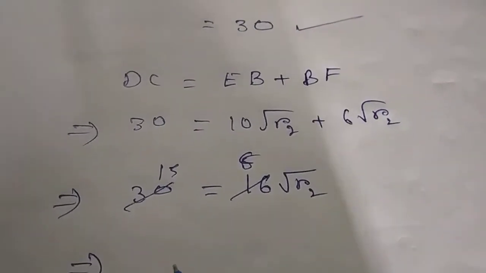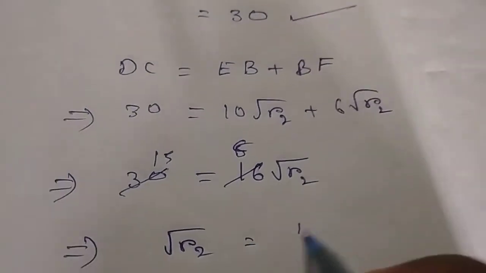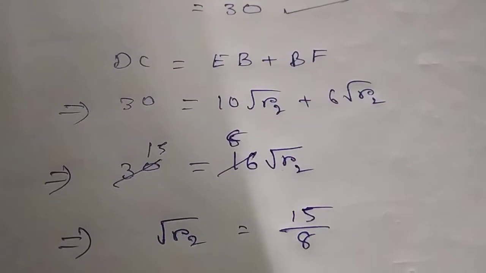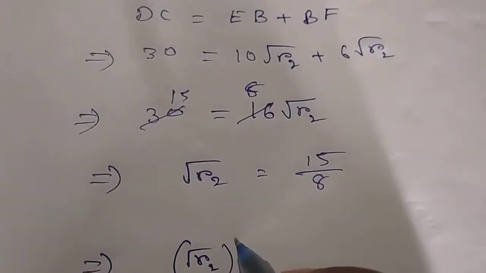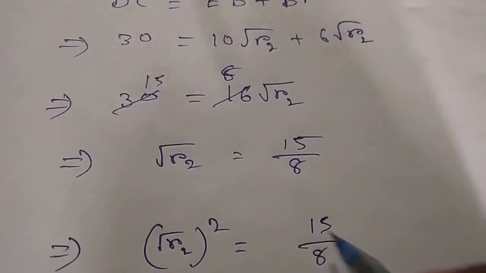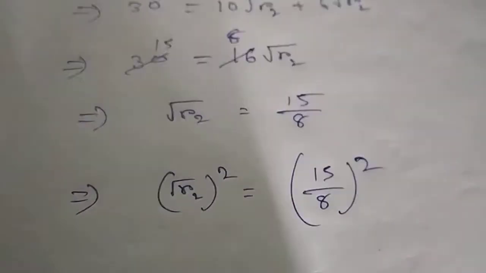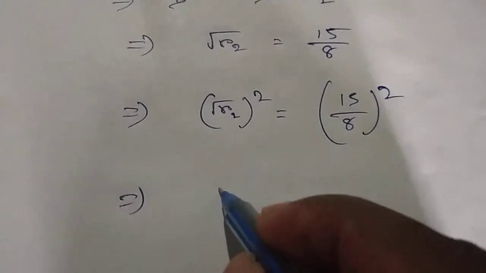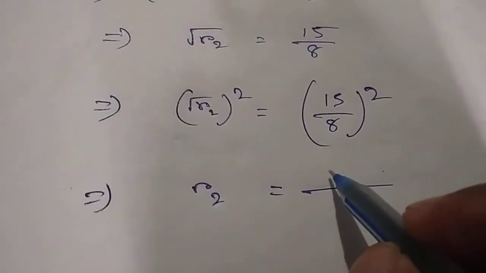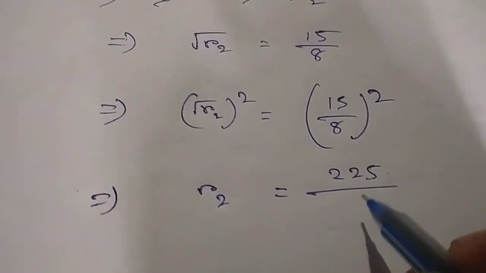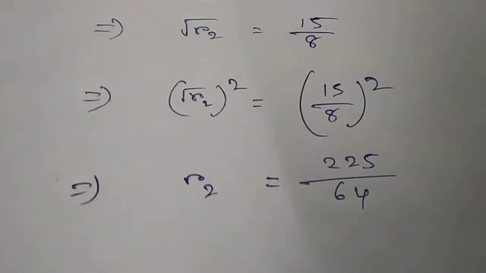So root R2 is going to be 15 by 8, and now if we take the square, it's going to be 15 by 8 whole square. So R2 equals 225 by 64.